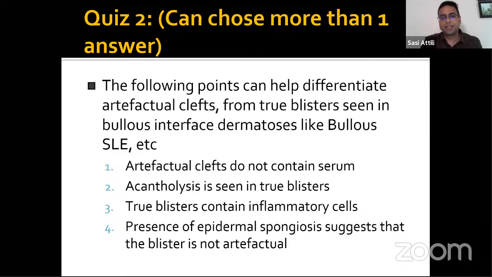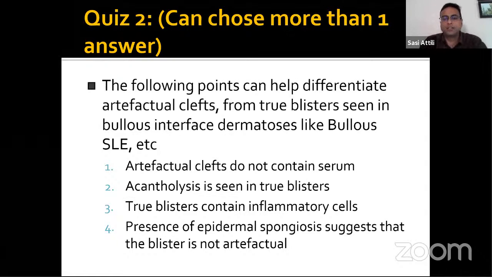true blister. Okay, so the right answer is artifactual clefts do not contain serum and they do not contain inflammatory cells. So if they contain inflammatory cells, it's a true blister. Okay, so 1 and 3 are the right answers. Acantholysis is not necessarily seen in true blisters. It may not be seen in true blisters also. So I know that's a trick question, but the right answer is 1 and 3.